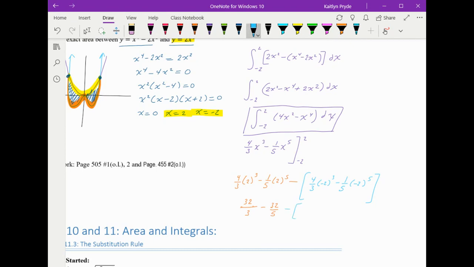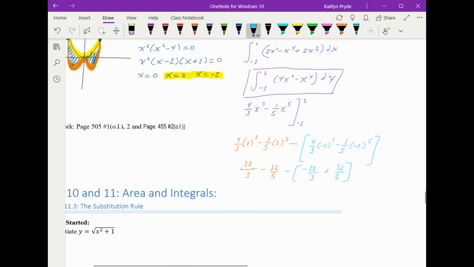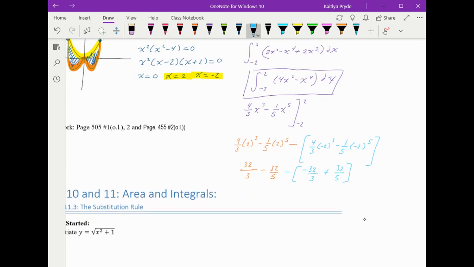That's going to be a -8, so that's going to be a -32 all over 3. And that's going to be plus 32 all over 5. Or I'm really looking at 32 over 3 minus a -32 over 3. So I'm looking at this one minus this one.